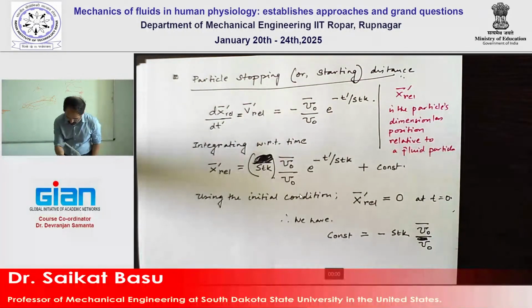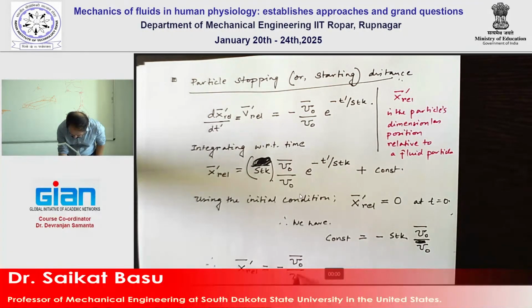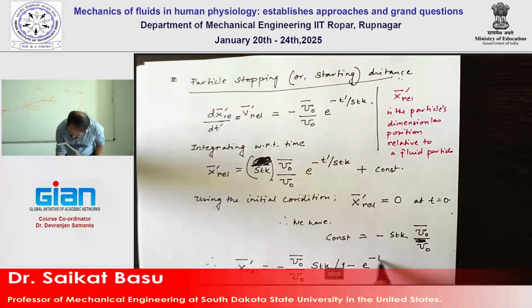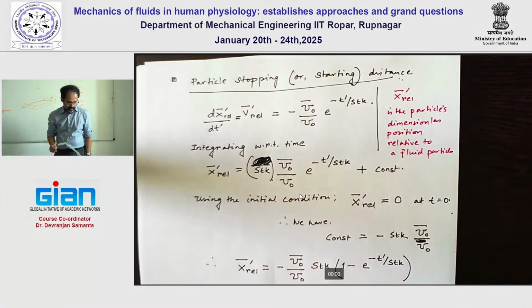So let's put this back into the equation. Therefore, x relative bar prime is equal to minus u bar over u naught, Stokes number, 1 minus e to the power of minus t prime over Stk. Now this is a unit vector again.